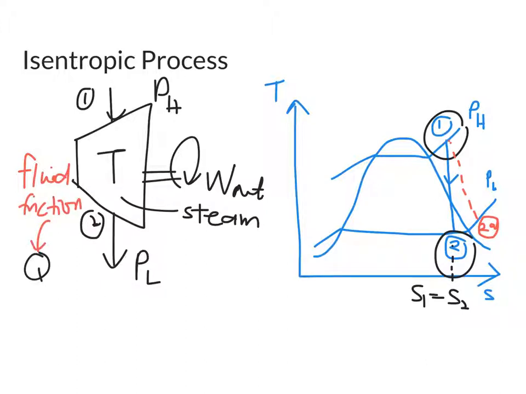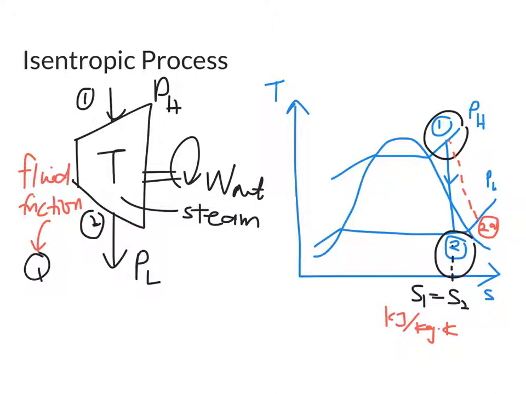Because entropy is in kilojoule per kg Kelvin, your entropy at the inlet is not the same as your outlet anymore, because in the actual cycle there will be fluid friction that contributes to heat. Therefore the value at your outlet will be increasing compared to your 1.